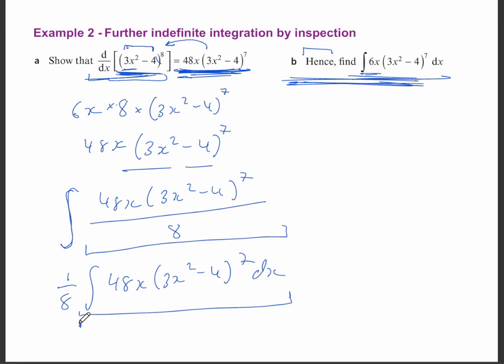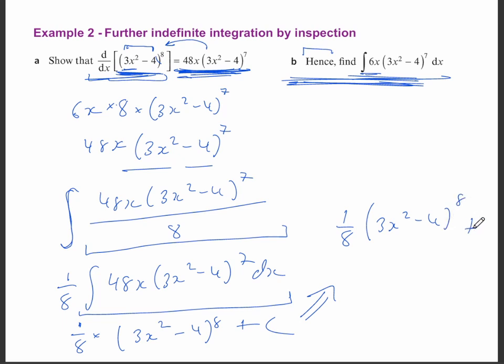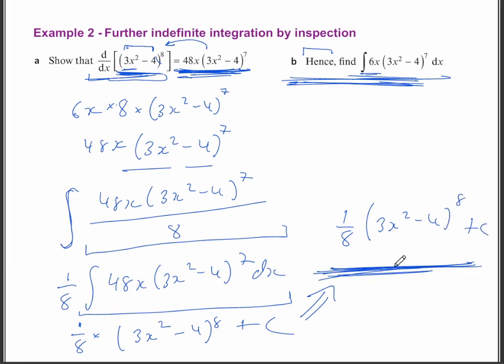So we end up having 1 over 8 times 3x squared minus 4 power 8. And obviously we will have our constant c, which is right here. This will then give us 1 over 8 3x squared minus 4 power 8 plus c. And this will be our integral of 6x times 3x squared minus 4 power 7 with respect to x.